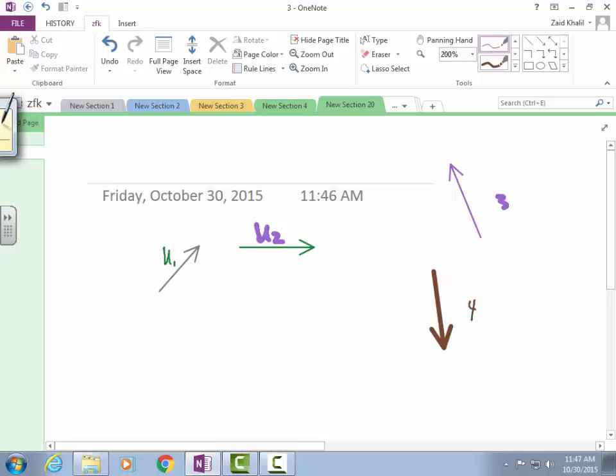And of course, what am I going to ask? What is u1 plus u2 plus u3 plus u4?